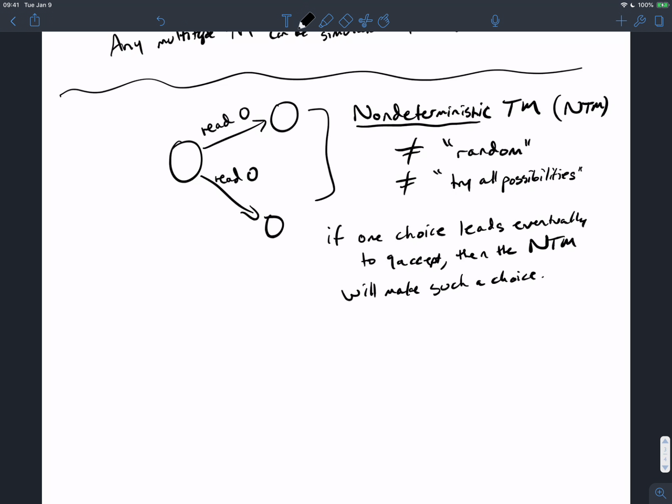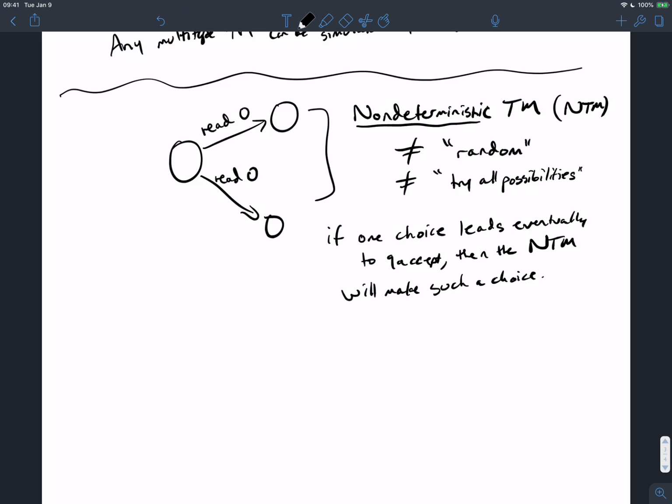And if there is no way to eventually get to Q accept, then it cannot make that choice. Then it'll just make an arbitrary choice at that point because there's no way to have it go to Q accept.